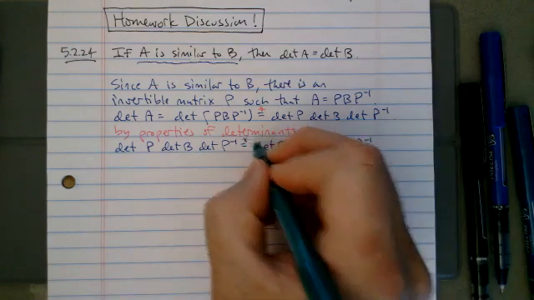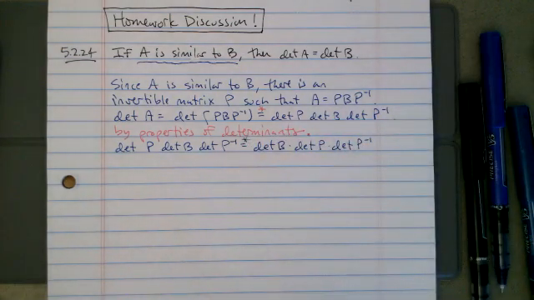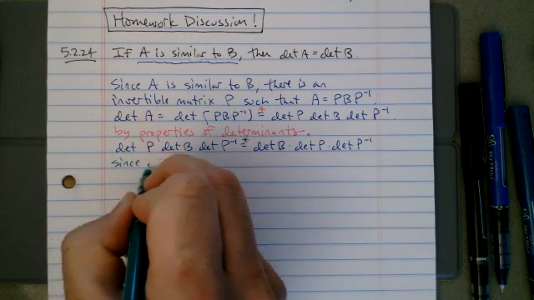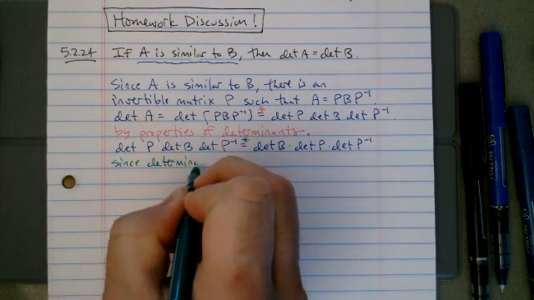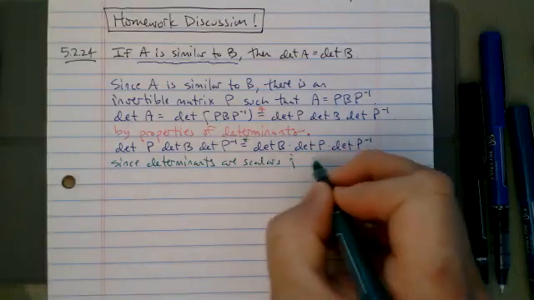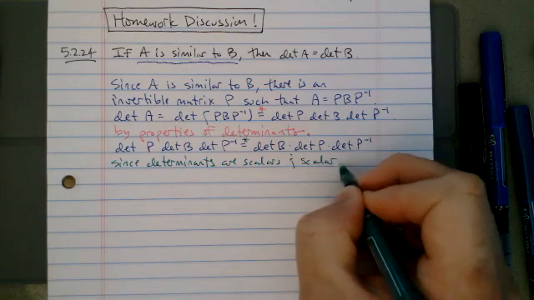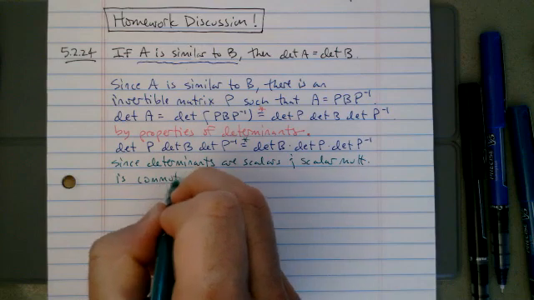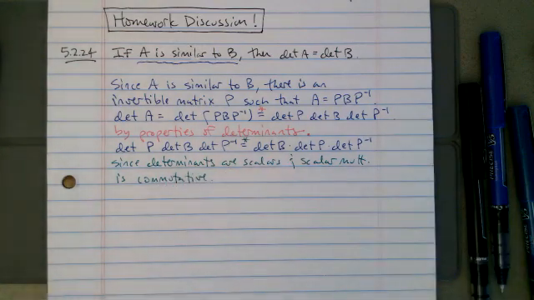We wouldn't have to justify this, because anybody that's even capable of reading this proof is going to know that determinants are scalars. But let's be clear: since determinants are scalars, and scalar multiplication is commutative, we make sure that we are getting all of our ducks in a row, or our determinants in this case.